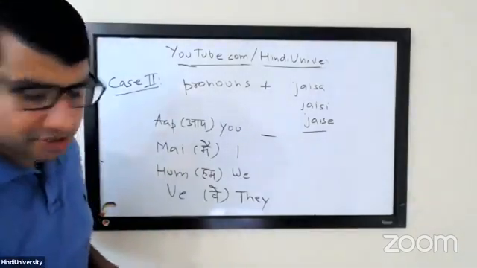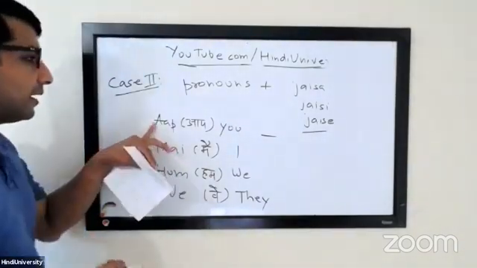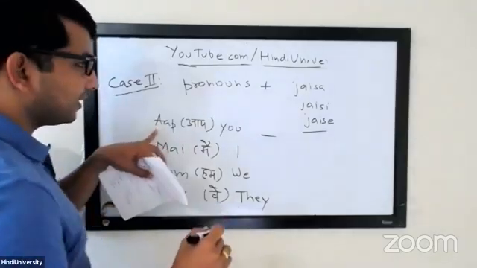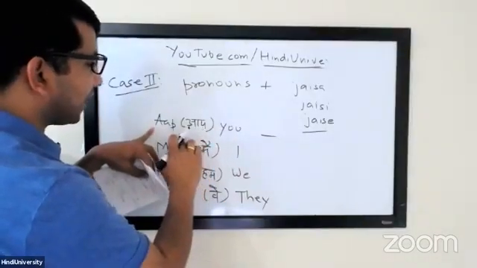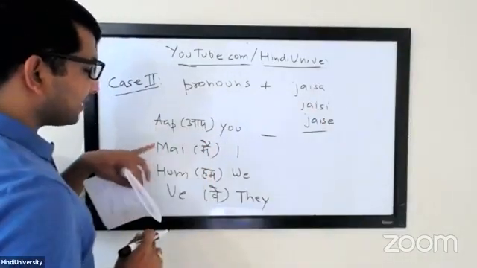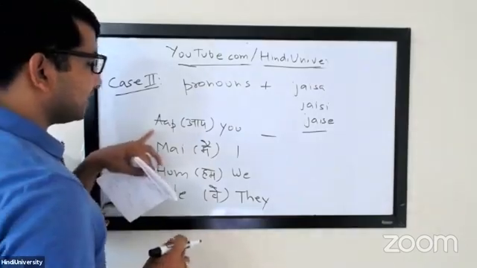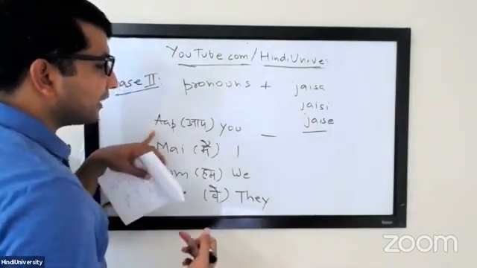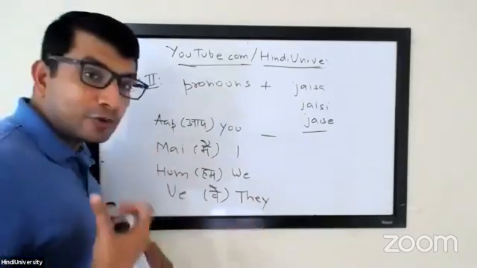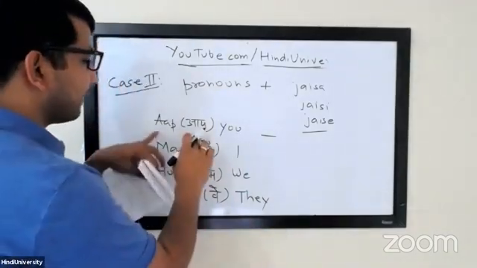Sharon ji, you want to give it a try? I am not sure, Ashu. Okay, give it a try. All you have to do is aap followed by jaisa, jaisi and jaise. You can take any of them because it depends on who you are talking to. If you are talking to me, which one will you put?